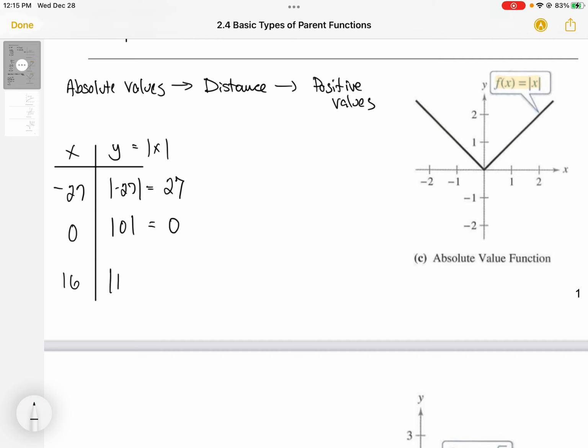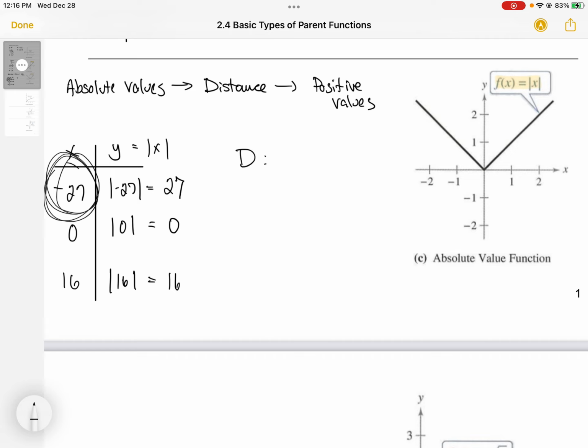And the absolute value of 16 is 16. So the output for this function, your y values, is always going to be positive. That doesn't mean that your inputs are always going to be positive. You can see that right here. Okay, we can have negative inputs, but the outputs are going to be positive.